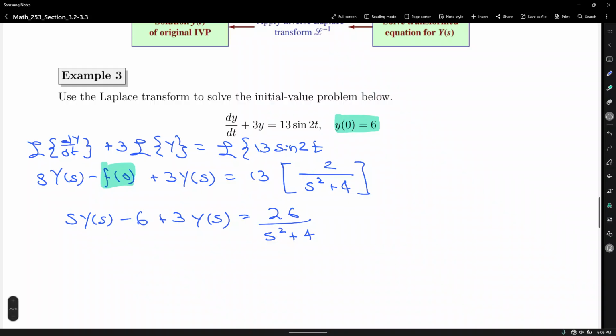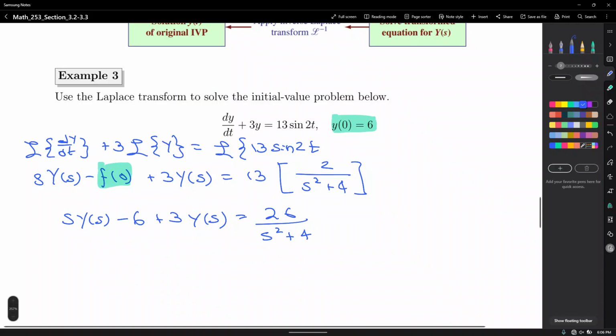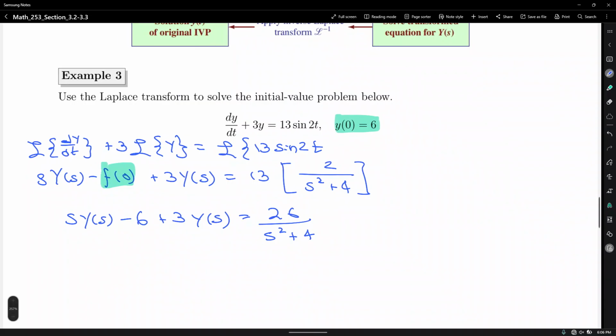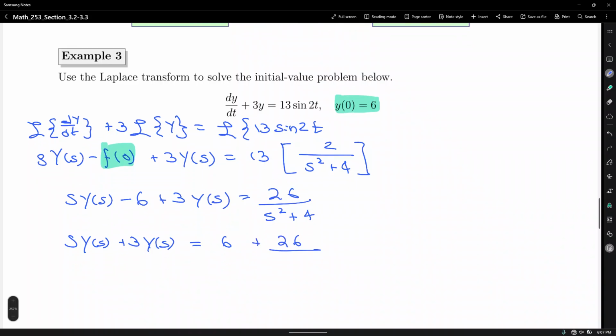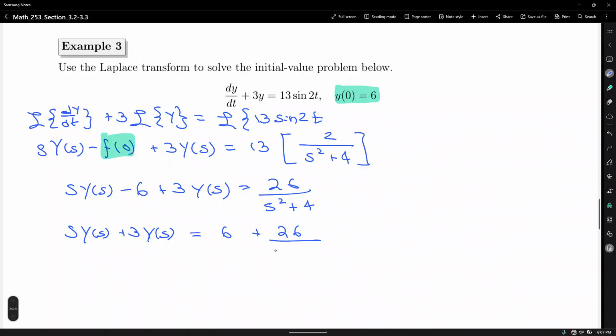Let me move everything to the right hand side that doesn't have any Y of s. I'm going to add 6 to both sides for that. So s Y of s plus 3 Y of s equals 6 plus 26 over s squared plus 4.